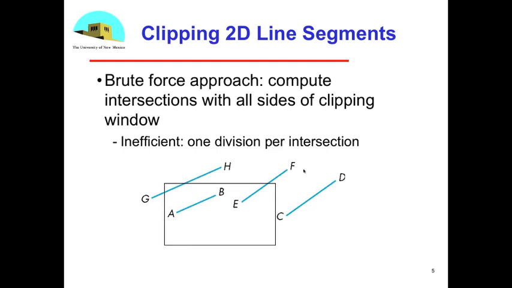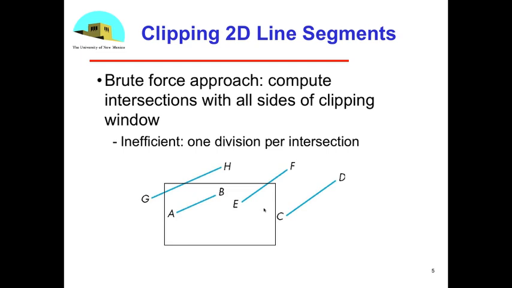You put them together to find the y, and you solve for the x, and then you have to do a division to do that. And divisions in general cost you much more than additions and subtractions. They generally cost you a lot more than a multiplication. And so it's brute force, it works, but it's not something you particularly want to do.